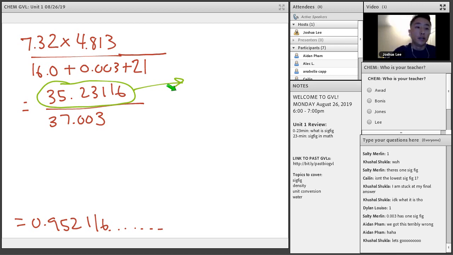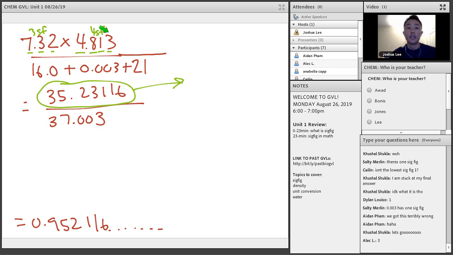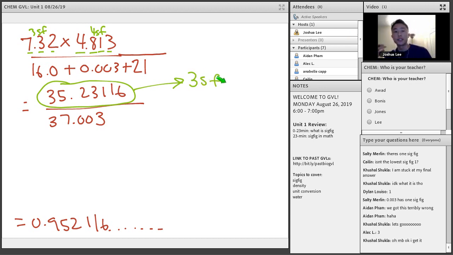So the 7.32 has 3 sig figs, and the 4.813 has 4 sig figs. So my numerator technically should have how many sig figs? Just my numerator, the 35.23. Yeah. So without rounding, I'm writing myself a mental note that my numerator technically has 3 sig figs.